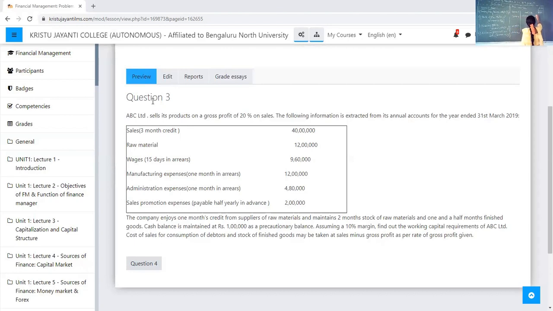What all current liability do we have? We have wages, manufacturing expense, and administrative expense with creditors. First we will do wages. So outstanding wages is how much? Wages, what have they told? 9,60,000, 15 days. So 9,60,000 into 15 divided by, now check in the question whether they have given you the number of days to be taken.